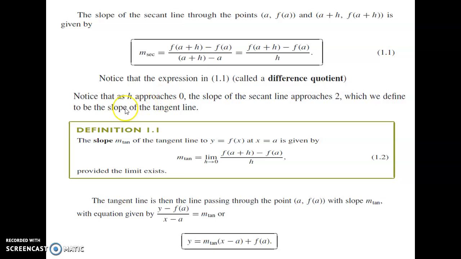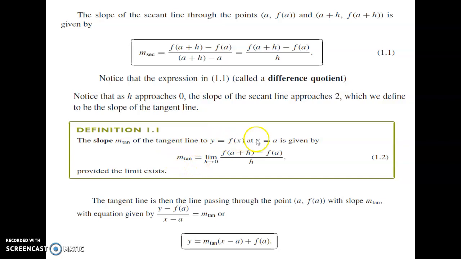In this, as h approaches 0, the slope of the secant line approaches a limit. Then we get a tangent line, that means the slope of the tangent line. So I will now define the slope of the tangent to this graph at this point, denoted by m_tan. It is the same quantity, but now I find the limit as h tends to 0, because as I said, as h approaches 0, the secant line becomes the tangent line.